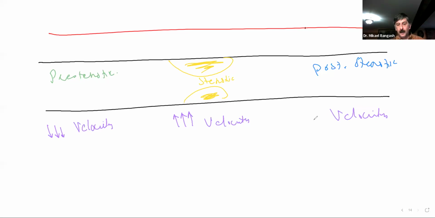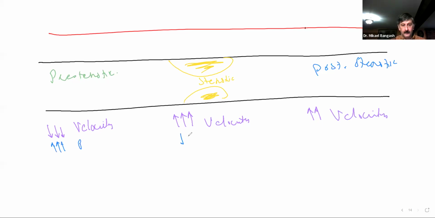And here we had a high velocity, but not as high as here. Or we can say we had a low velocity, but not as low as here. The reason I do that is to say that wherever you have the highest velocity, that's where you have the lowest pressure.